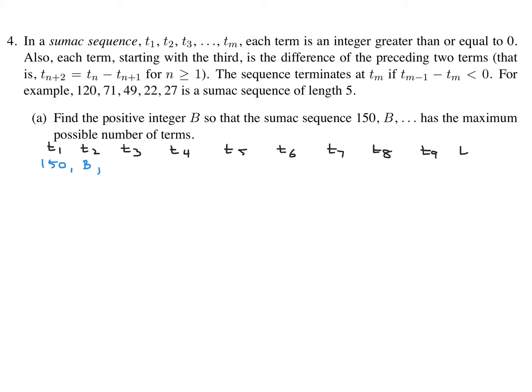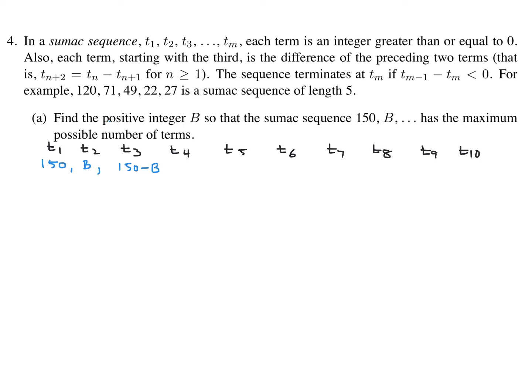We get these terms by using this formula, the difference of the preceding two terms. So T3 would be 150 minus B, just using that formula up here. And then just keep going like this.